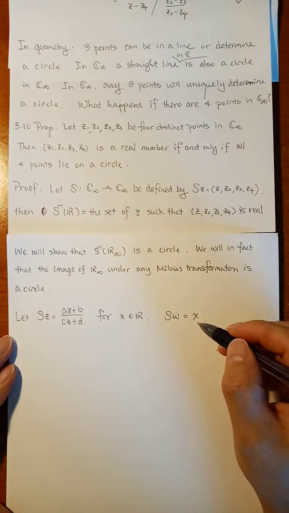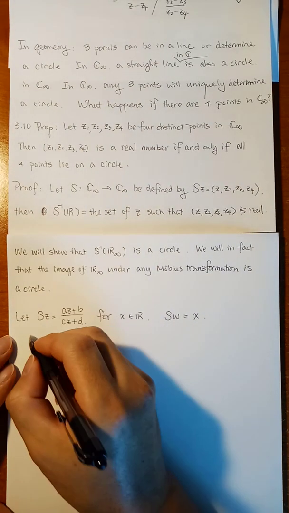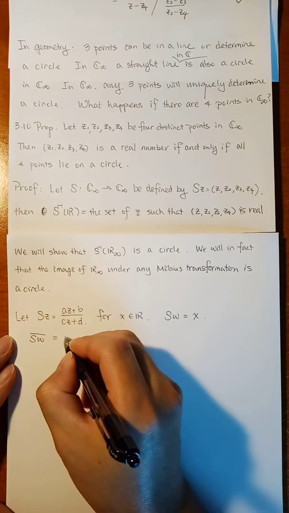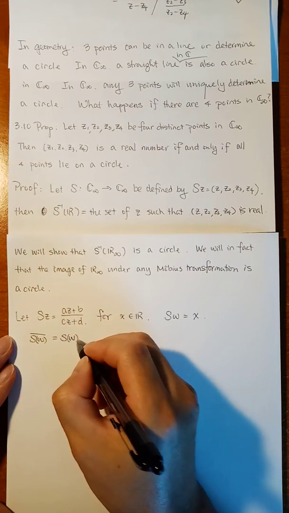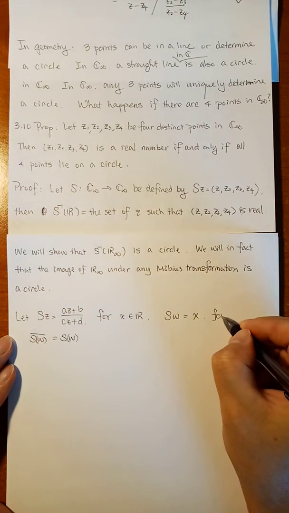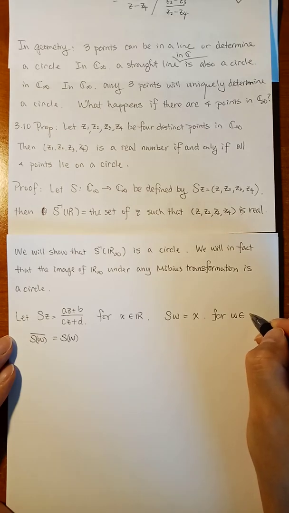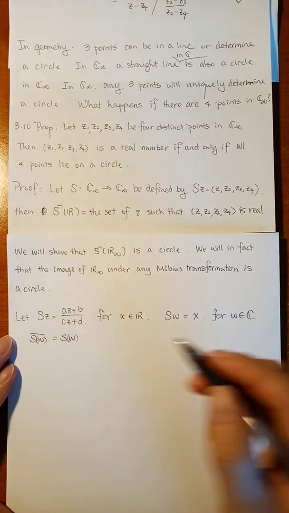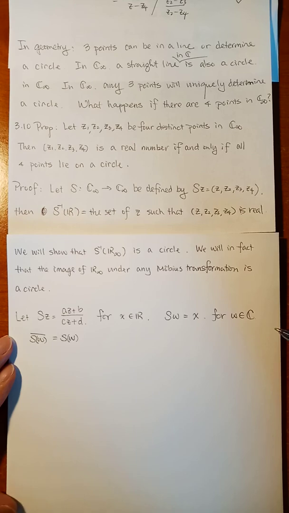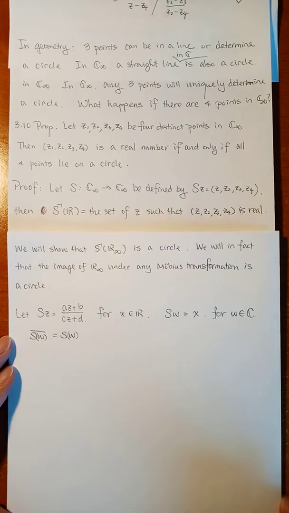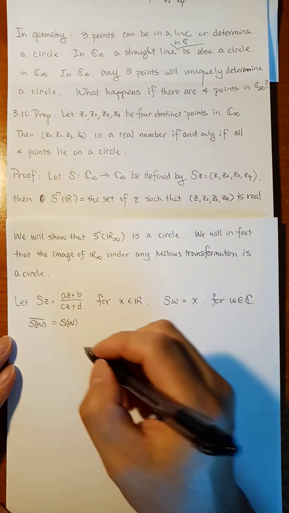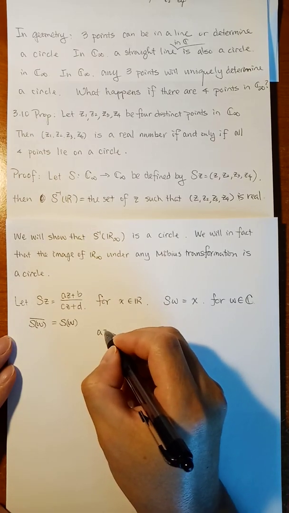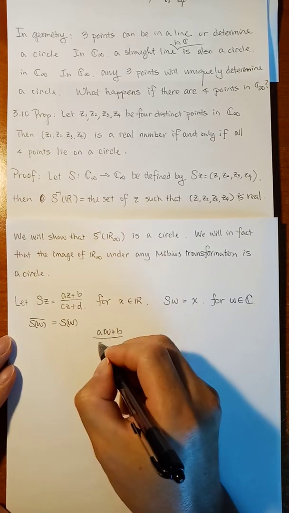What is the property of a real number in the complex world? A real number means its conjugate is itself. So SW is equal to the complex conjugate of SW. Let's see, SW is (AW plus B) over (CW plus D).